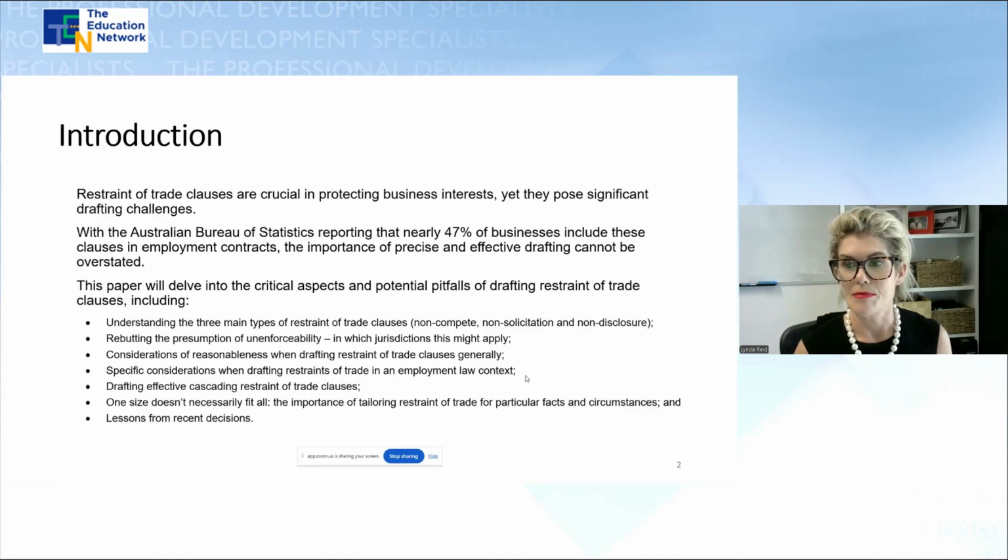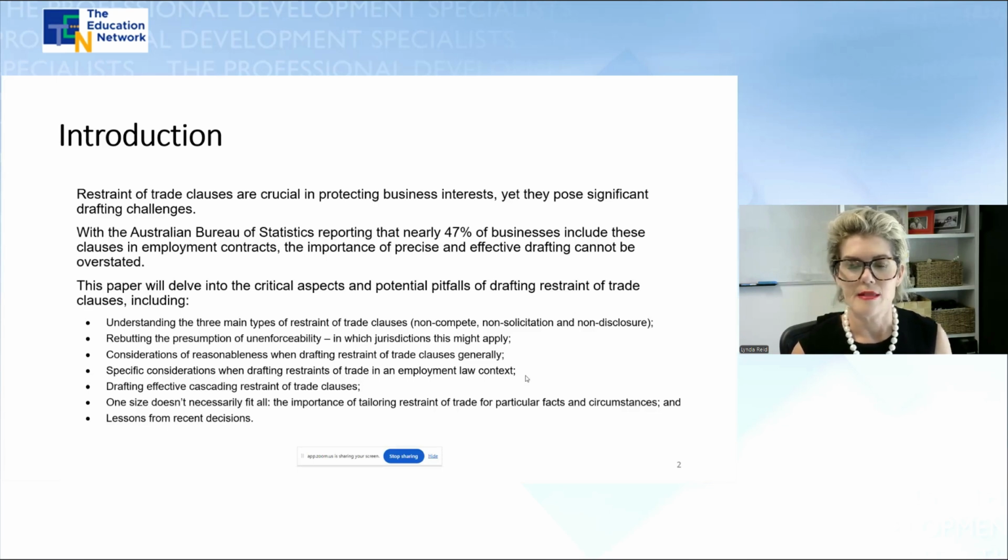We'll look at specific considerations when drafting restraints in an employment law context versus a business transaction context or a negotiation between parties with respect to equity and other types of scenarios. And then we're going to have a look at what people refer to as the waterfall or cascading style of restraint of trade clauses.